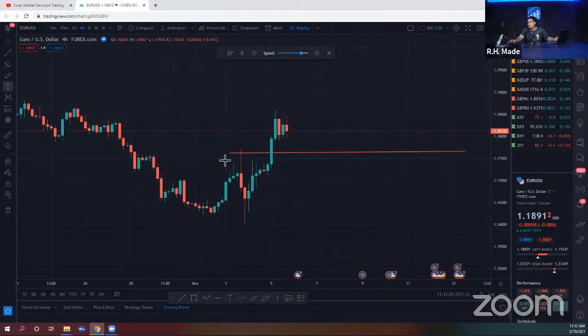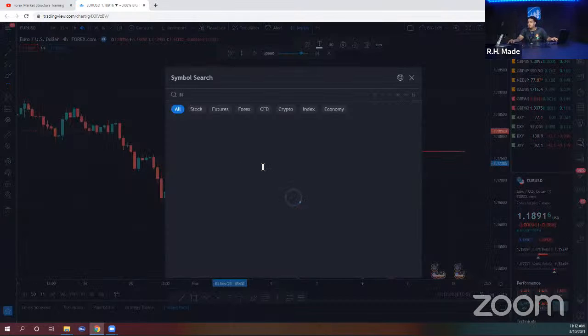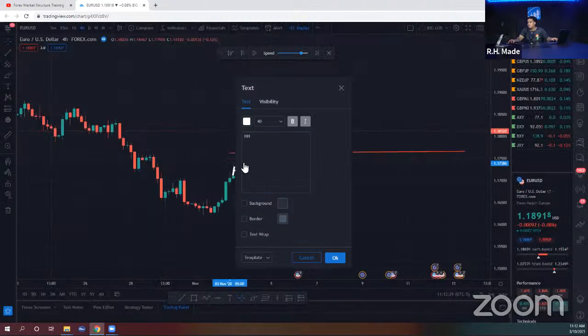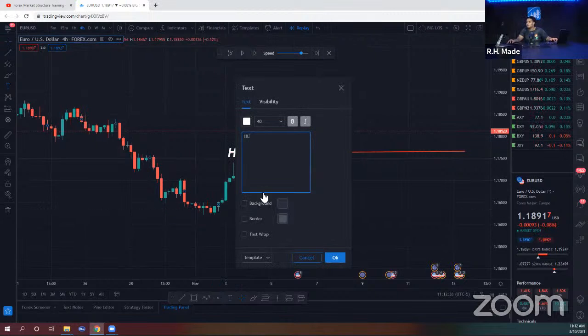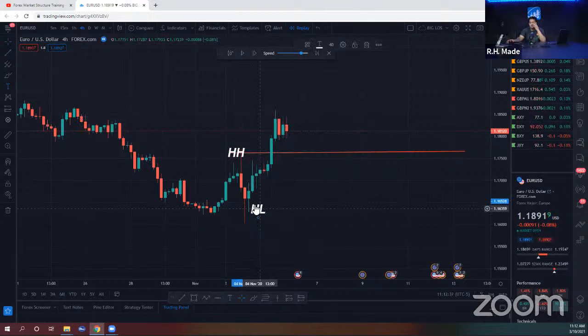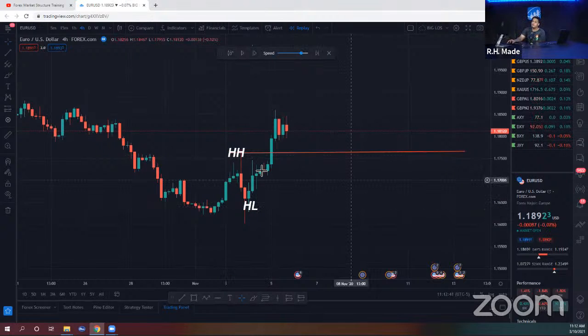I'm just going to label them. This is our higher low. So we're making sequences of higher highs and higher lows. Now, to enter the trade, we're waiting on the retest of the previous higher high. But we also know there are two options. You could either retest the higher high or the higher low.